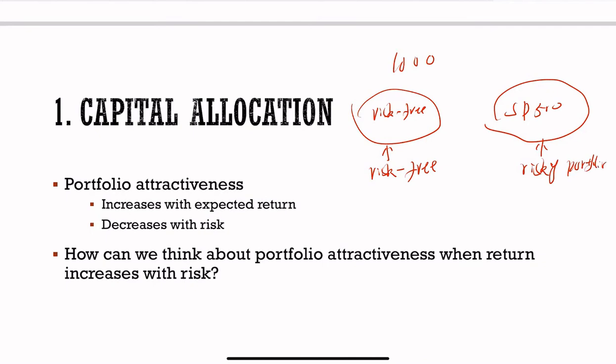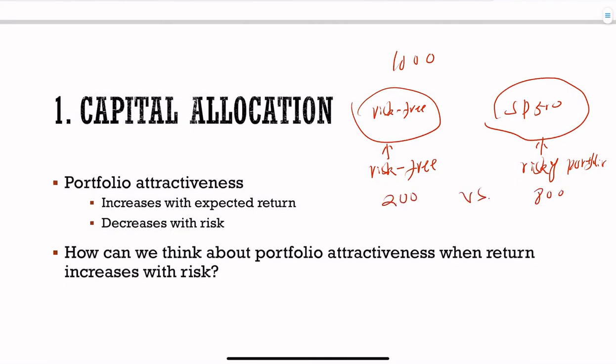Now the question is, how much should you invest in the risk-free asset versus the risky portfolio, right? Should you invest 200 versus 800, or 100 versus 900, or 300 versus 700? Right? You can see that this is a pretty important question.